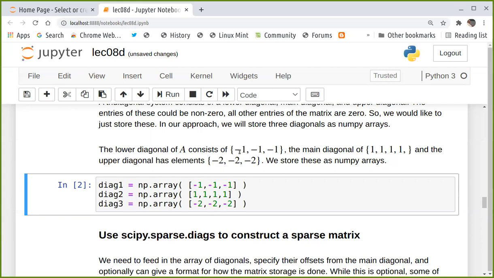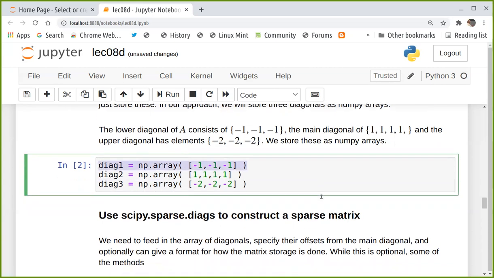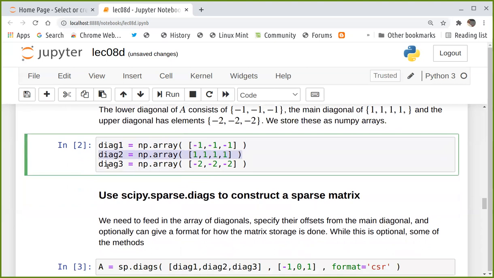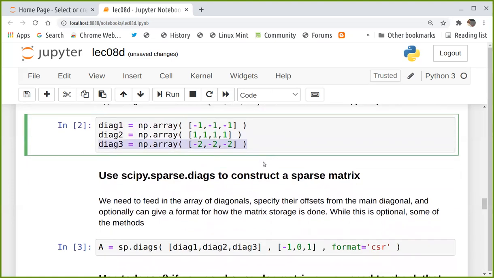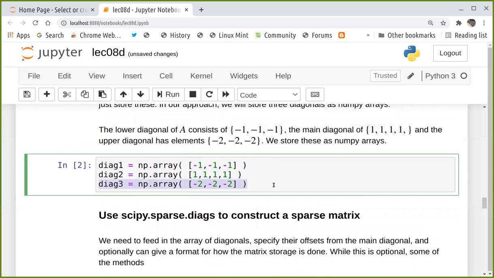So I store this lower diagonal of three -1s as a numpy array. Then I store the upper diagonal as a numpy array, and I store the main diagonal as a numpy array. I'm not going to bother to store all those zeros. I'm just going to store the three diagonals, which define that matrix A.